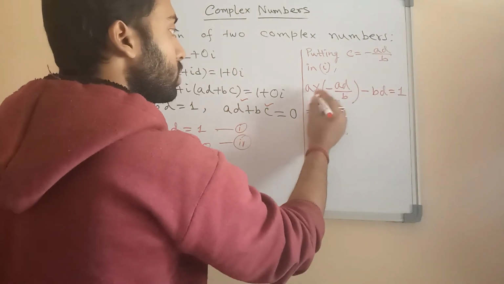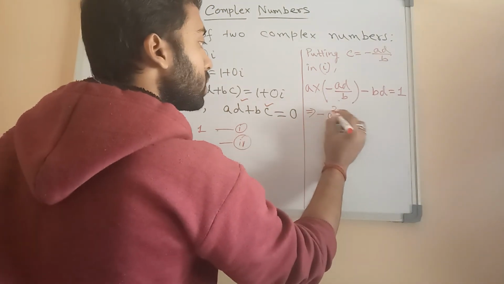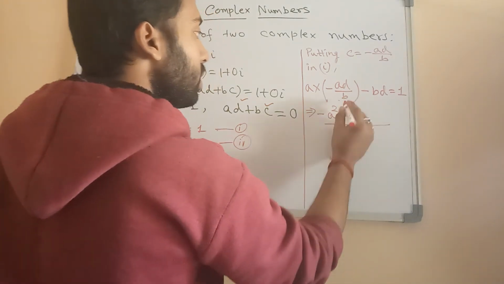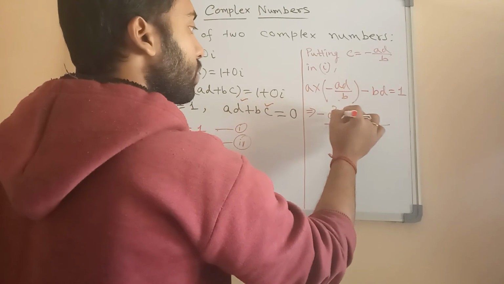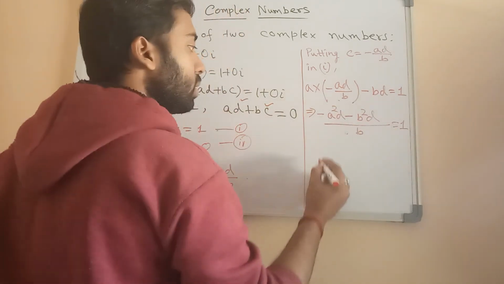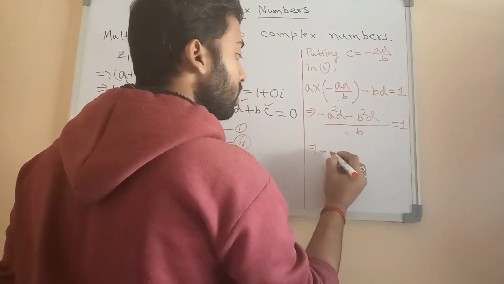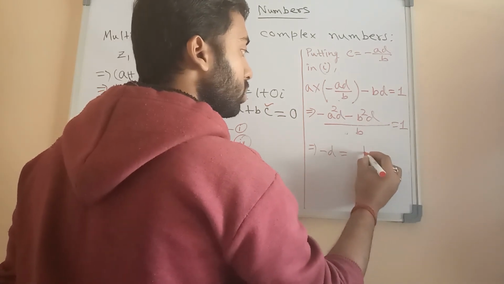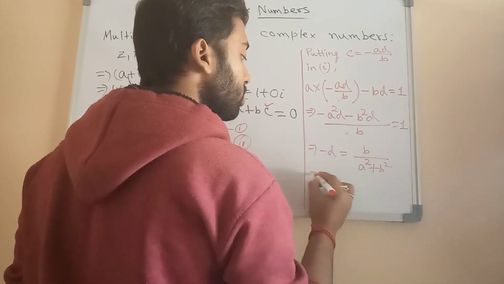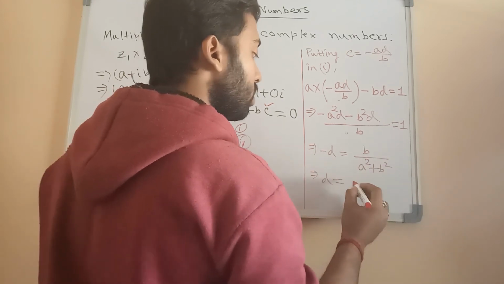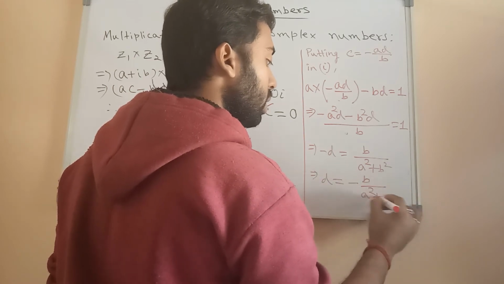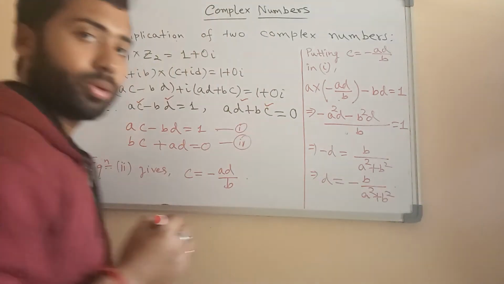So it becomes minus A squared D. Now take the LCM B. So it becomes minus A squared D minus B squared D equals to 1. So take minus D common. It becomes B by A square plus B square. That means D equals to minus B by A square plus B square.